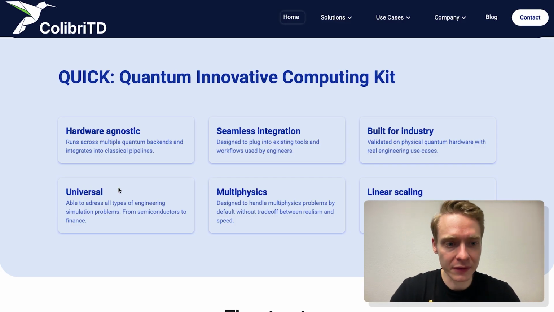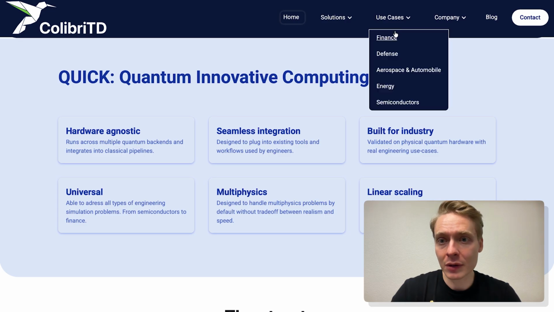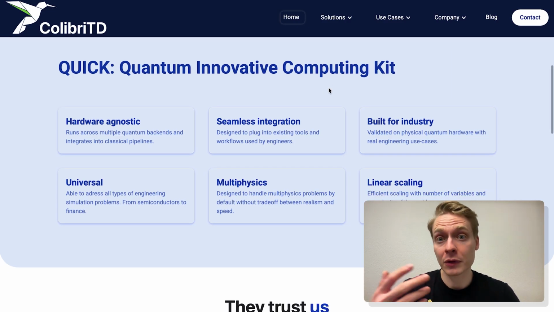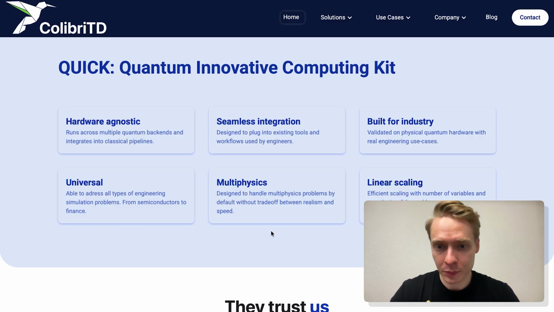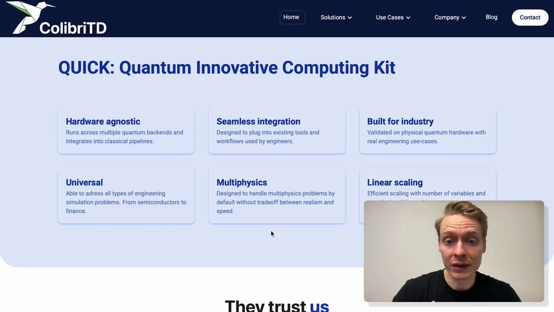Then it says universal, so able to address all types of engineering simulation problems from semiconductor to finance. And I think looking up here, there are going to be use cases which we can learn about. There's multi-physics, designed to handle multi-physics problems by default without trade-off between realism and speed. And then finally there is the linear scaling part, so efficient scaling with the number of variables and complexity of the problem.